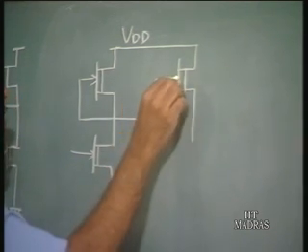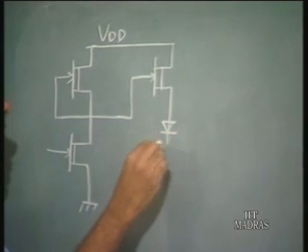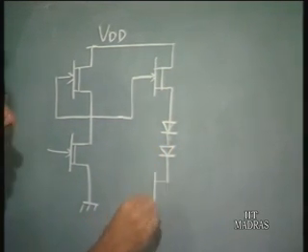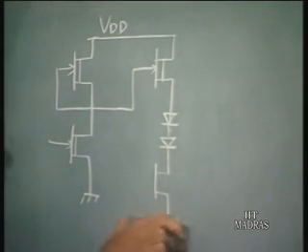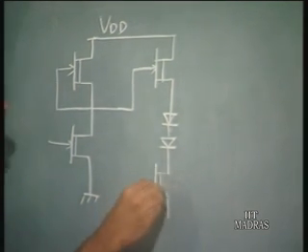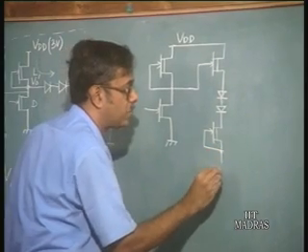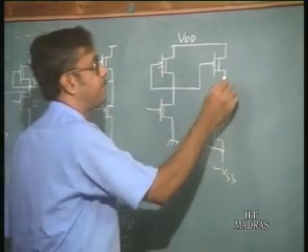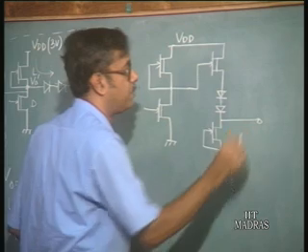This output goes into the gate of this transistor, and then we have the two diodes which are used for level shifting, and this is the pull down transistor whose gate to source is shorted, and this goes to minus VSS. Okay, and the output is taken from this point.